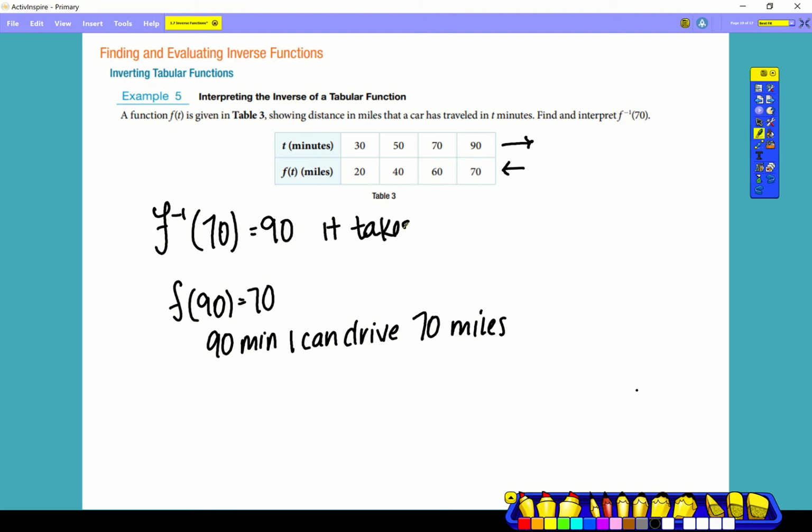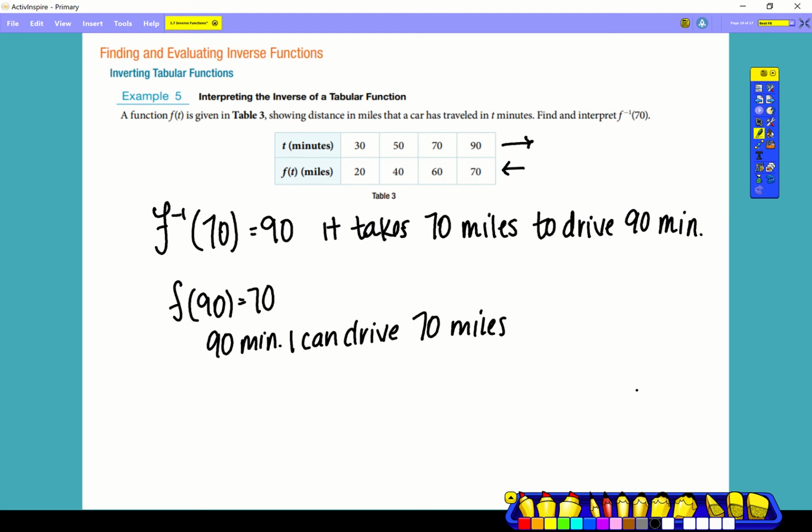Okay. It takes 70 miles to drive 90 minutes. So if I wanted to be in the car for 90 minutes, I would drive 70 miles.